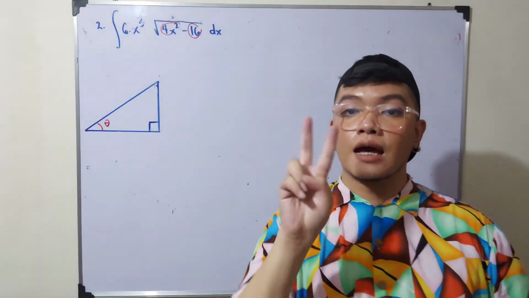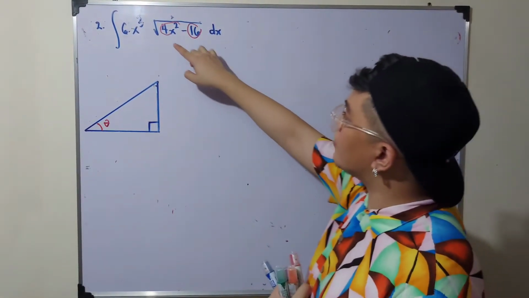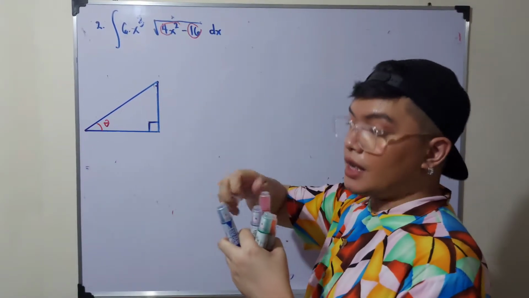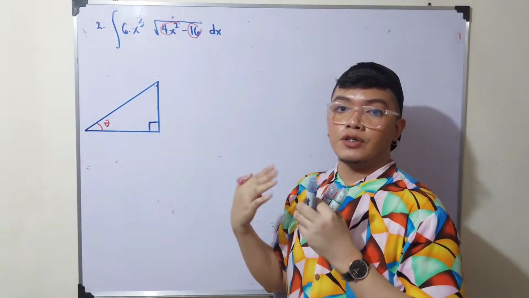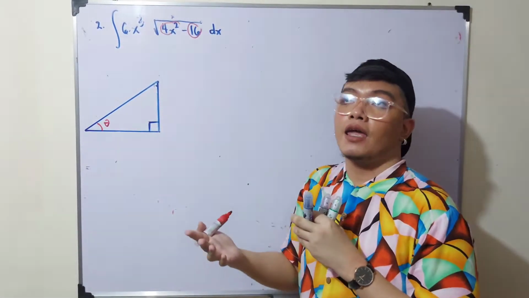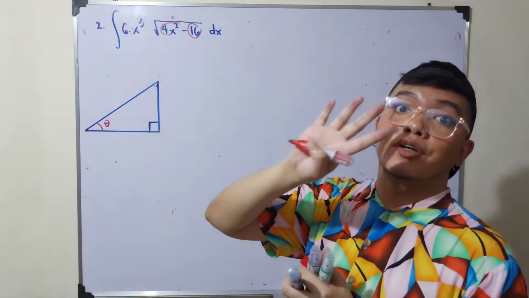Okay guys, second example, we have here the integral of 6x cubed times the square root of 4x squared minus 16. So as you can see, i-analyze muna natin yung given kasi baka pwedeng ma-simplify. So itong 4x squared minus 16, meron silang common factor na 4.